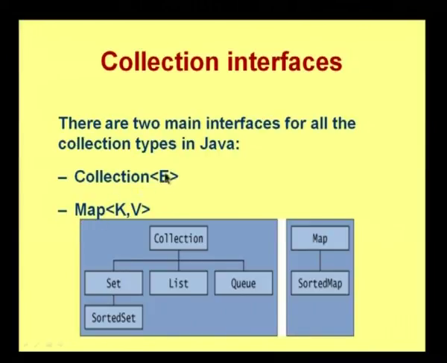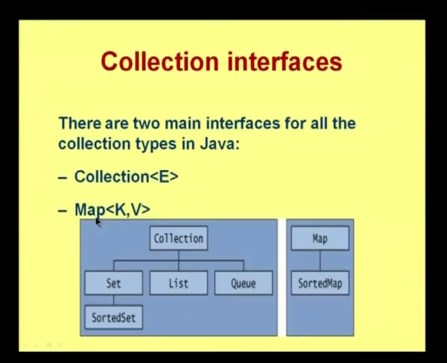You can see here E, the data type that your collection is going to handle, which is an object. Here we never specify primitive data types, only objects could be handled. So this E can be any object. I can have a collection of integer objects, a collection of string objects, a collection of employee objects. This means that it can handle non-primitive data types also.